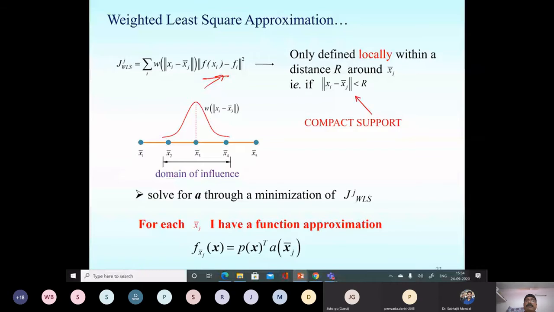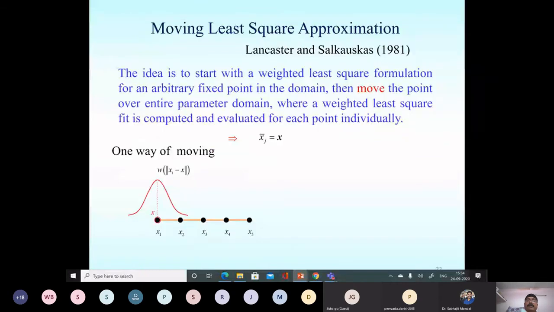Actually, the concept of moving least square has been proposed by Lancaster and Salkauskas. So the idea here is to start with the weighted least square, then move the point over the entire parameter domain. You fix the point, and at that point your associated weight is applied, then you move the point. So how do you move? Every point you can do the minimization.